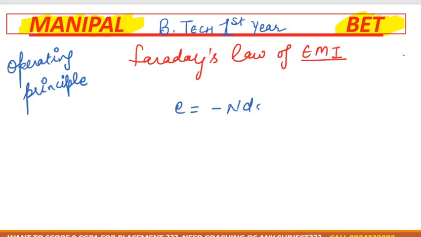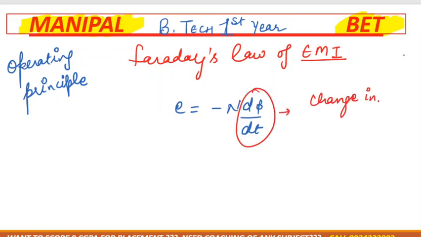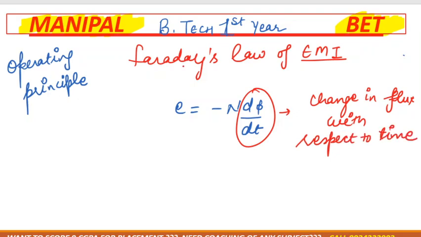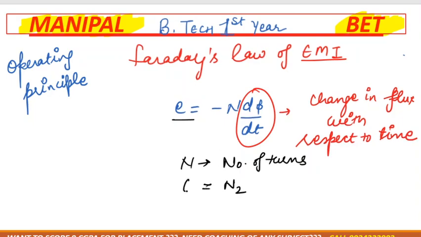E is equal to minus N d phi by dt. What is d phi by dt? That is the change in flux with respect to time. Got it? Where N is the number of turns. If N2 is there, then E2 is right. If N1 is there, then E1 is right.